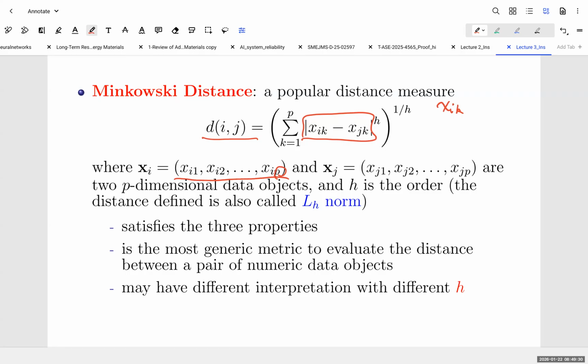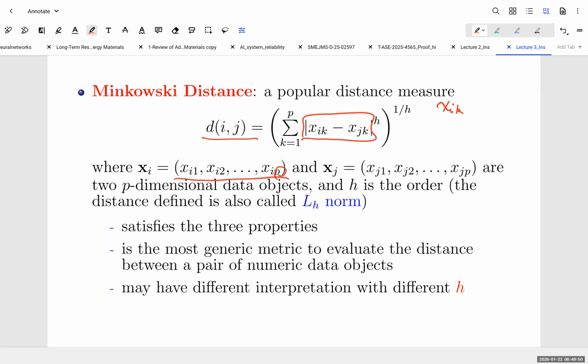Okay, so each data object has p numerical variables, and we call this Minkowski distance the LH norm. We are going to hear about this norm term a lot throughout this semester.